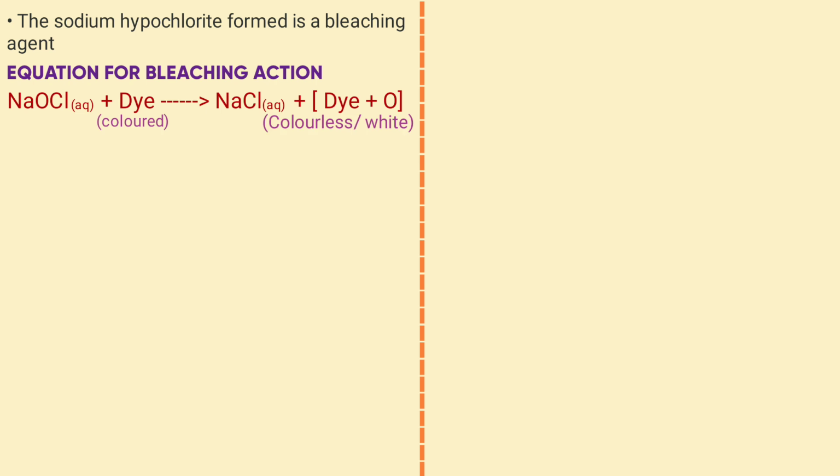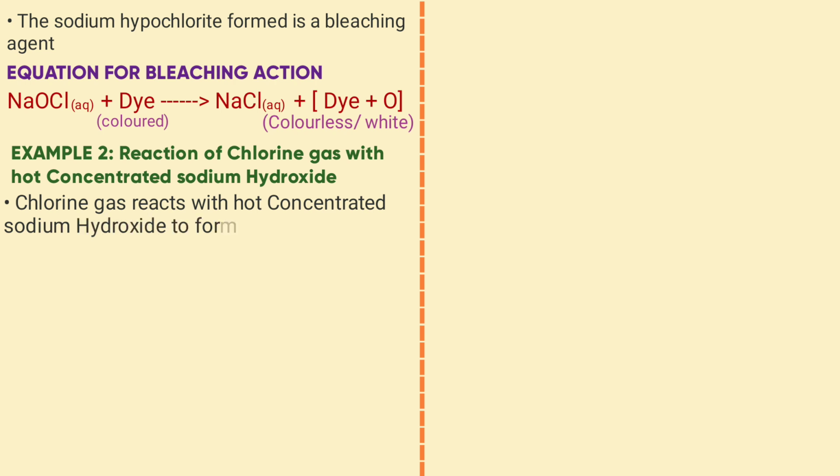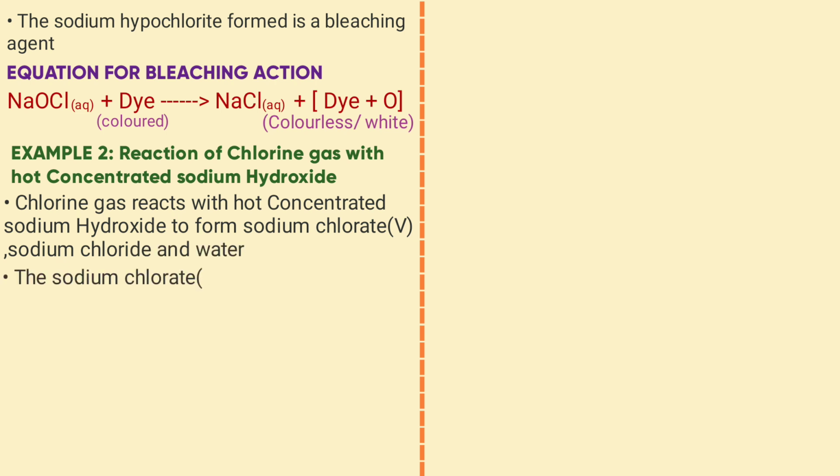Now, example 2, reaction of chlorine gas with hot concentrated sodium hydroxide. Chlorine gas reacts with hot concentrated sodium hydroxide to form sodium chlorate(V), sodium chloride, and water. The sodium chlorate(V) formed is used as a weed killer.